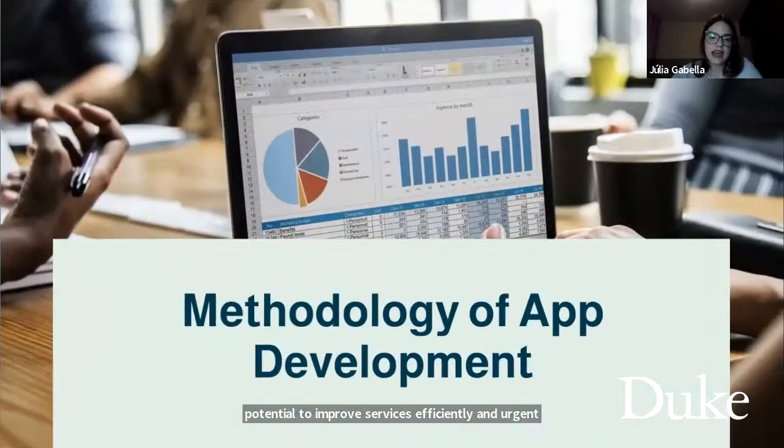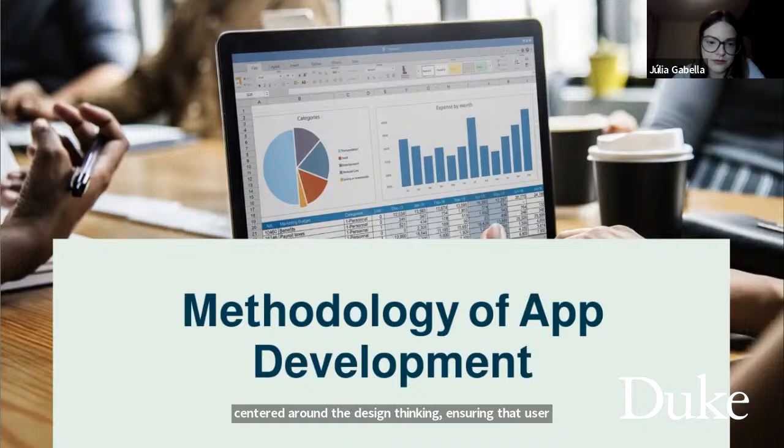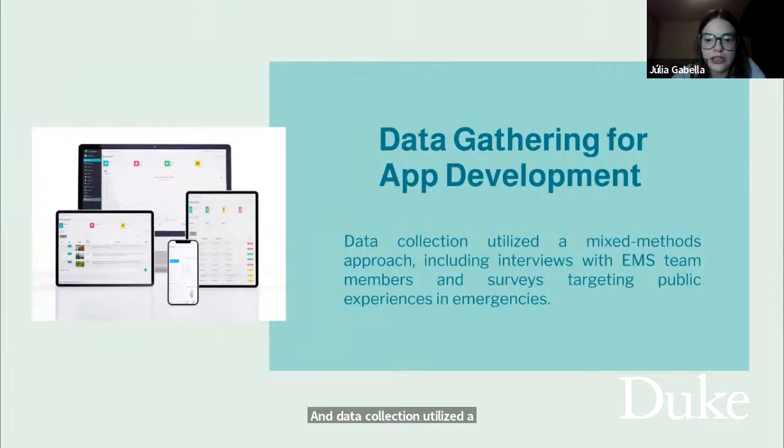The Chamo 192 app was developed using a structured approach centered around design thinking, ensuring that user needs were integral to its creation. Data collection utilized a mixed method approach, including interviews with the EMS team members and surveys targeting public experiences in emergency.